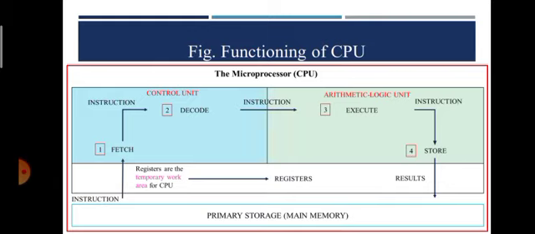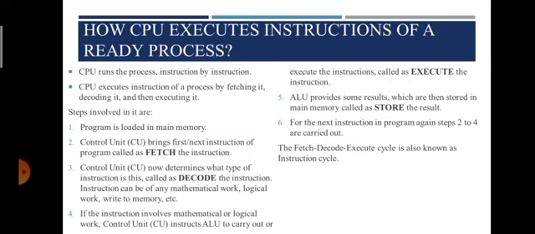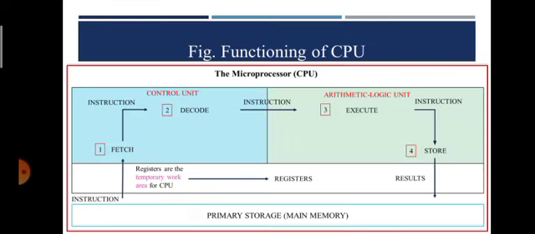Okay, once everything has been executed, then comes the fifth step, that is the ALU provides some results which are then stored in the main memory, called store the result. So here you can see, once fetch, decode and execute are done, then the last step here, this store, will be storing the results.